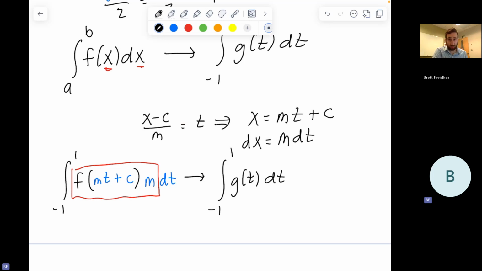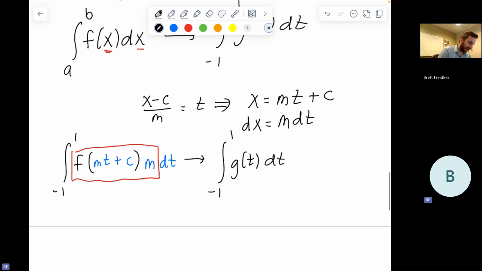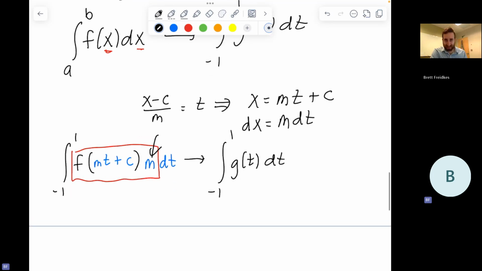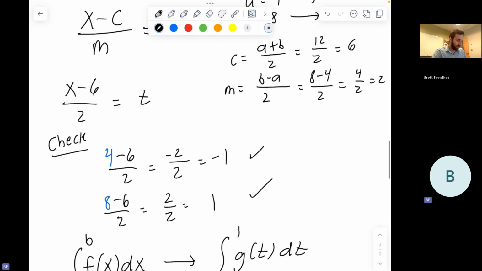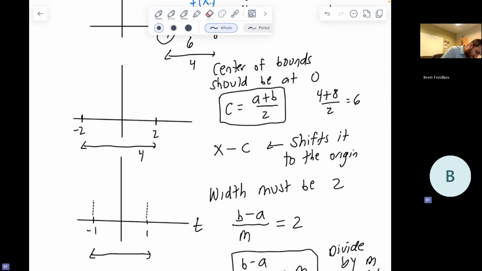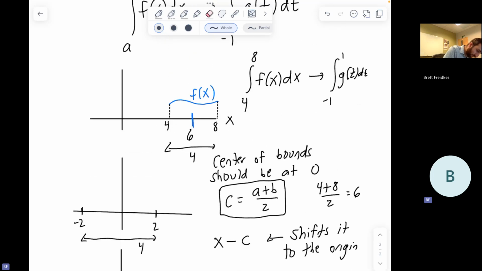And now I'm able to do the problem with my g of t with this extra factor of m. What is this factor of m? Why do I need this extra factor? Well, let's go back to our original problem. I'm going to try my best to focus on this blue curve.